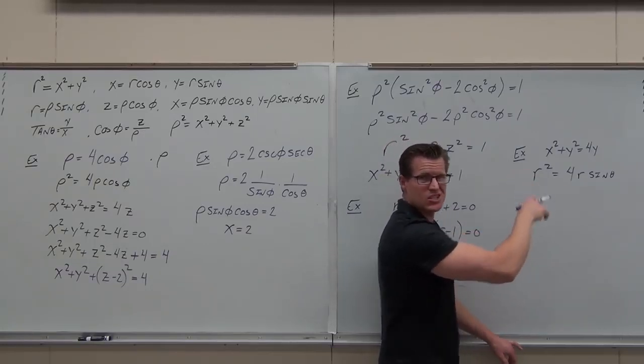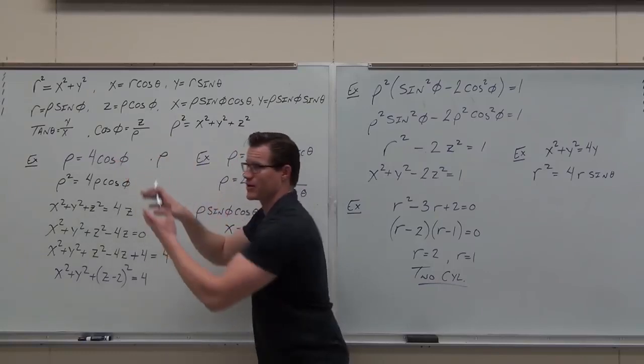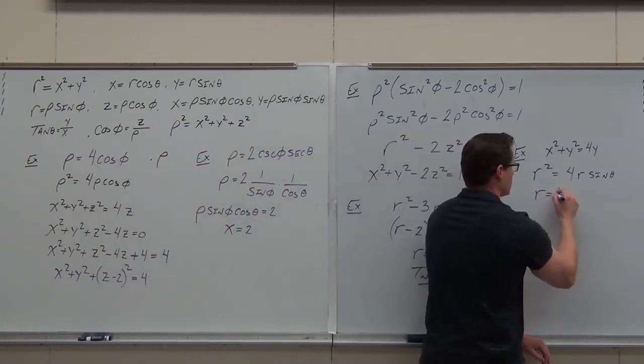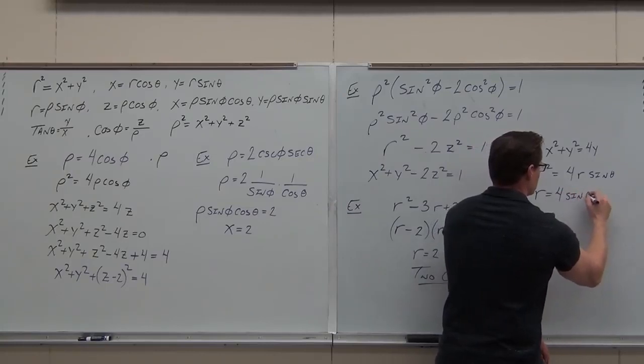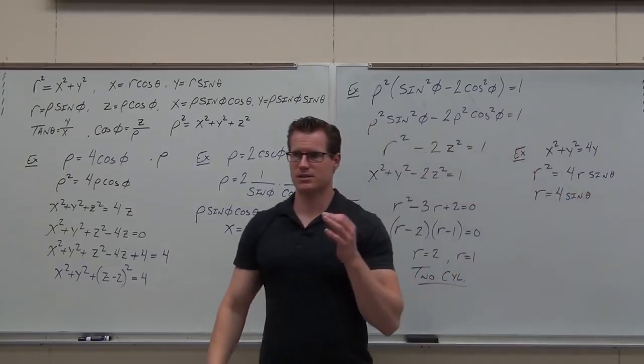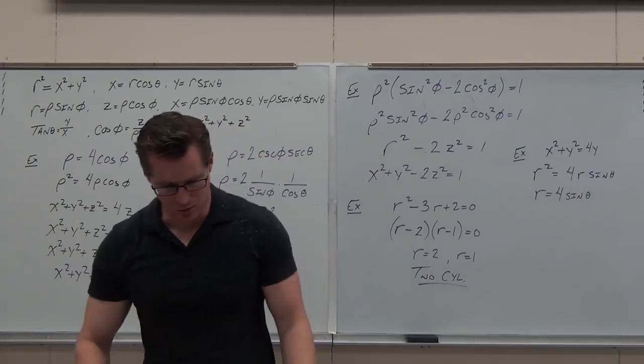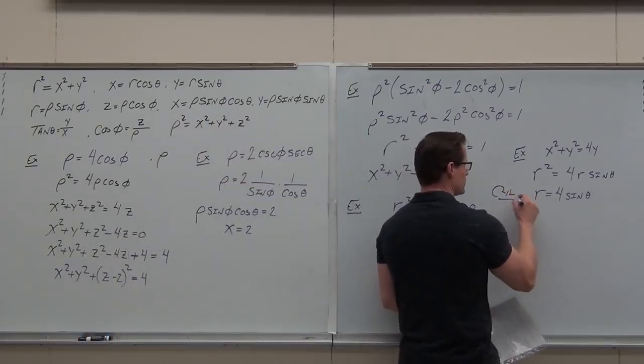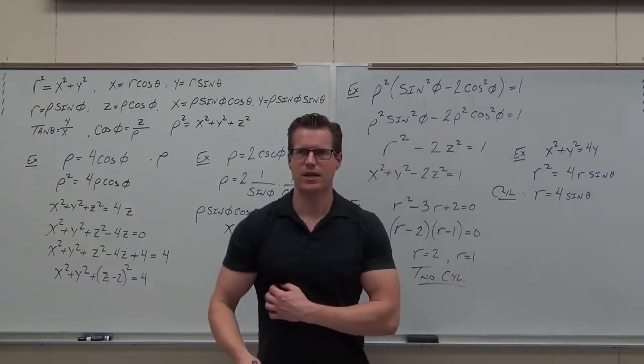Use the same stuff you used right here. Start dividing by r's. That's okay. That right there is a cylindrical equation. It has only r's and thetas in it. So this would be cylindrical. Is that okay with you?